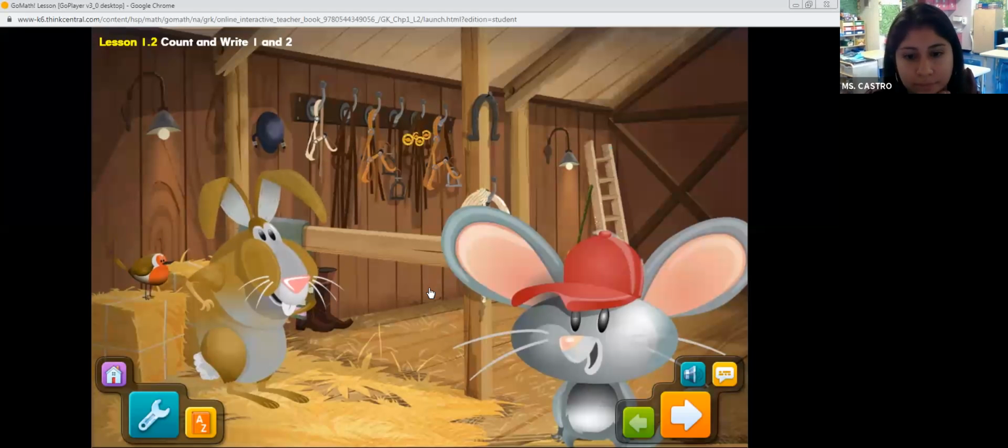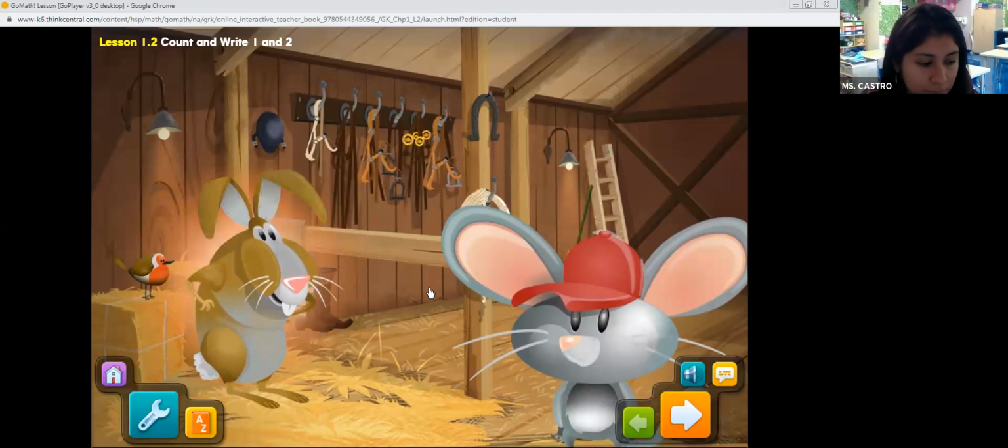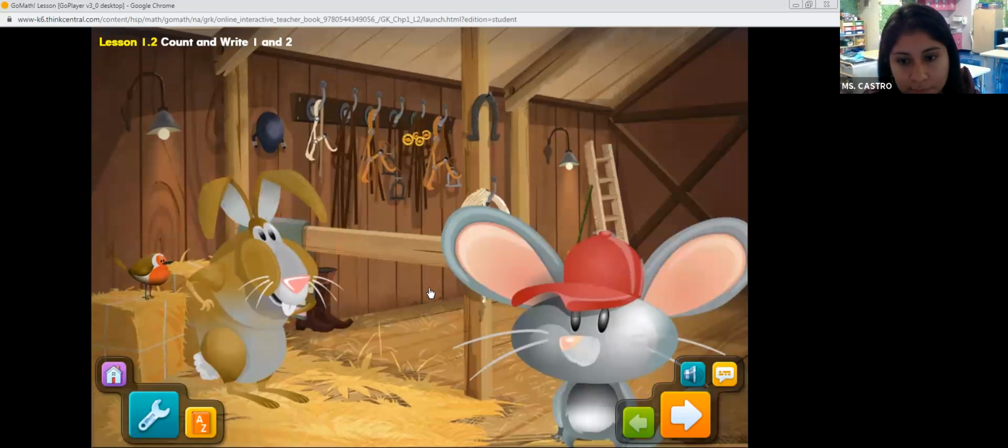How many of my friends do you see now? 1, 2. 2 friends have come to visit. How can I write the number 2? Do you know how? There are different ways to write the numbers 1 and 2. Let's learn how to write 1 and 2 using words and numbers.